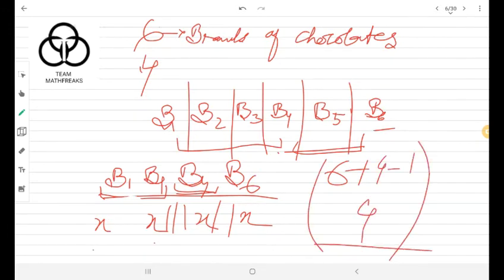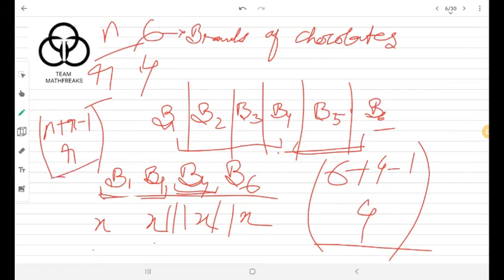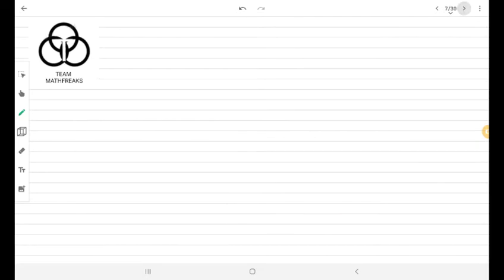And this is always true. For N brands and R chocolates, this can be written as N plus R minus 1, choose R. This is the simplest derivation of the formula, which can be proved using mathematical induction.